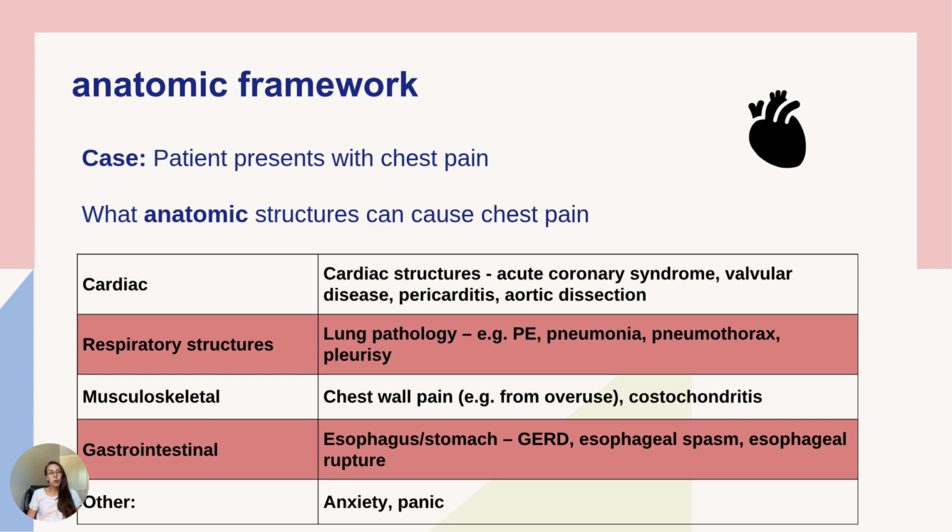Respiratory structures, so could it be a lung pathology, right? In the bronchus, lower in the lungs, like a pneumonia? Could it be a musculoskeletal anatomic area, right? Chest wall pain, costochondritis. Gastrointestinal could include the esophagus, the stomach, and then the other bucket. So as you can see, it's just helping tailor your differential before you even see that patient.